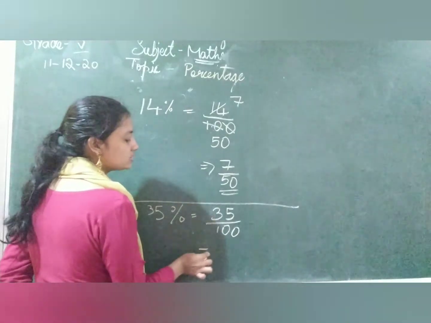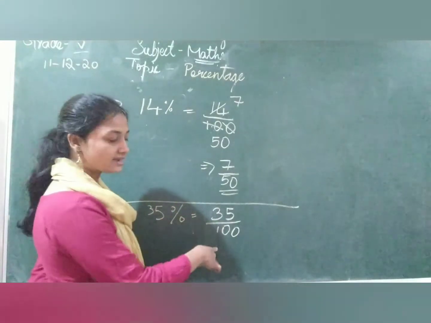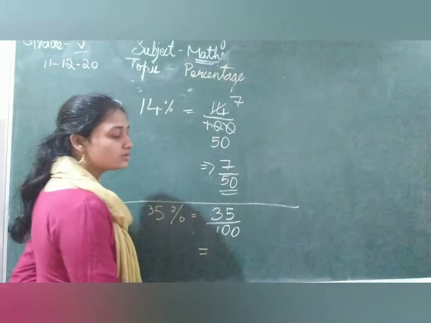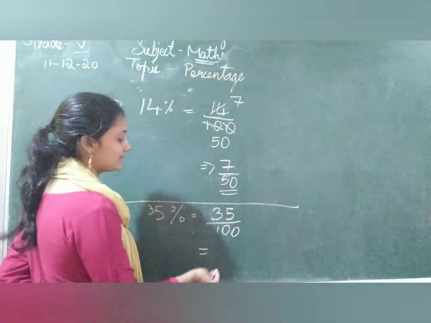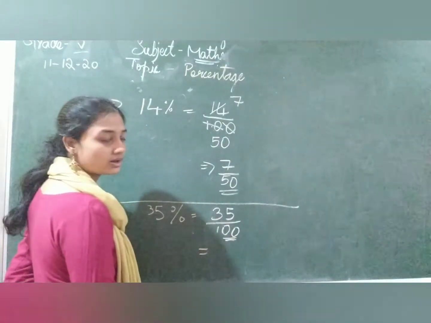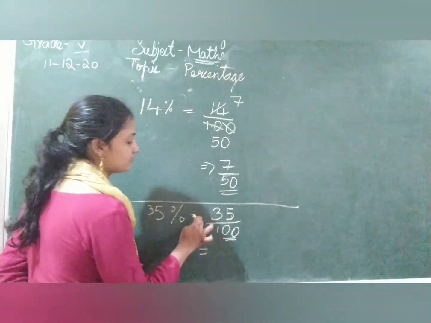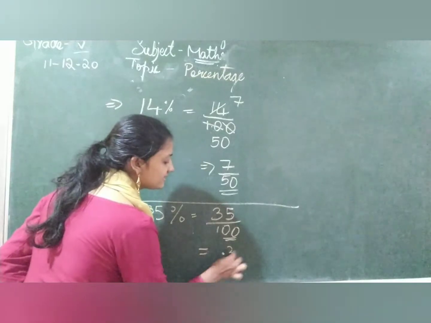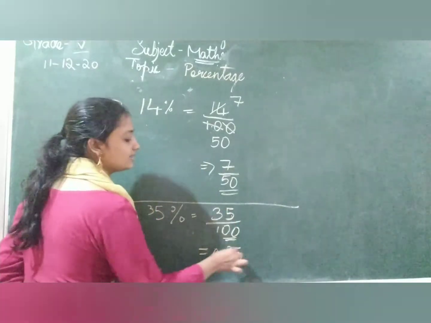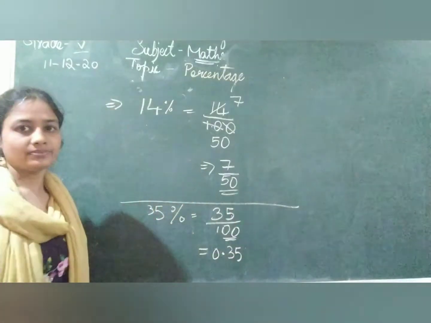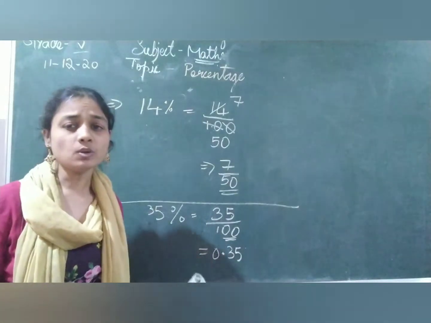Instead, you all know how to write fraction in decimal form, right? We'll write it in decimal form. Like you have 2 zeros here, so count 2 numbers, keep a decimal here. And so it will be 0.35. This is the decimal. So it is very easy, children.